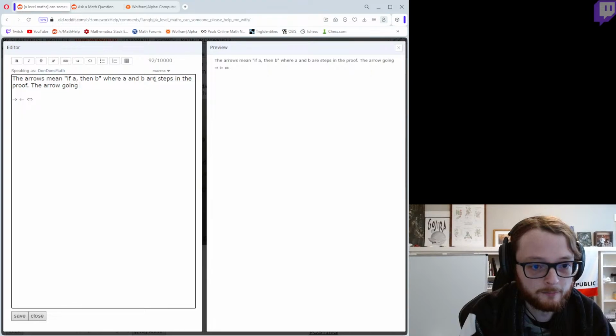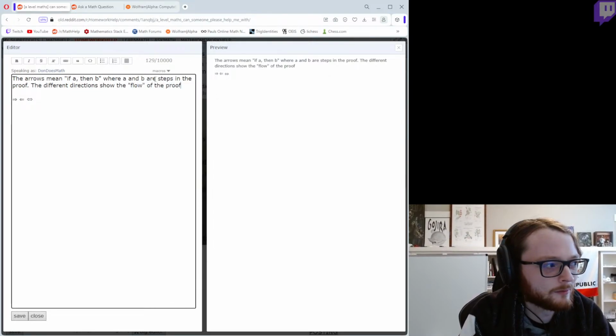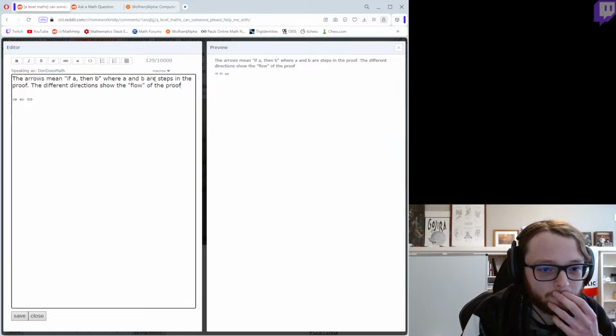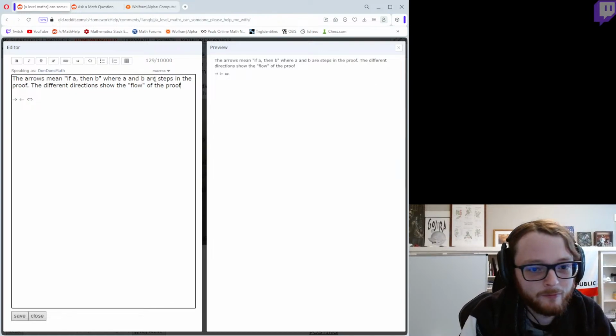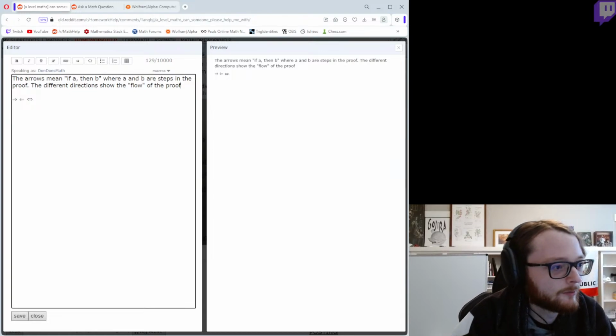The arrows going different directions show the flow. I feel like this is getting a little down the wrong track, saying flow is fluffy wording, not exact.